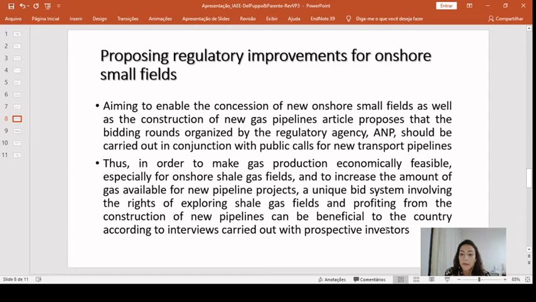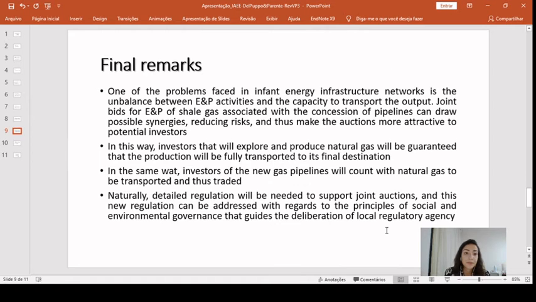A unique bid system involving the rights of exploring shale gas fields and profiting from the construction of new pipelines can be beneficial to the country, according to interviews carried out with prospective investors.